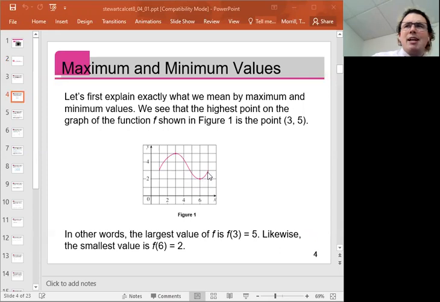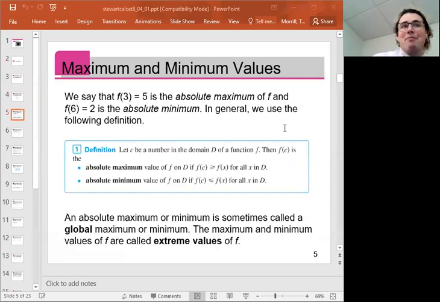Well, it's bigger than everything else nearby, but it's not the very biggest thing. Is this point, f of 1 equals 3, a minimum? Well, it's smaller than everything else nearby, but it's not the very smallest.